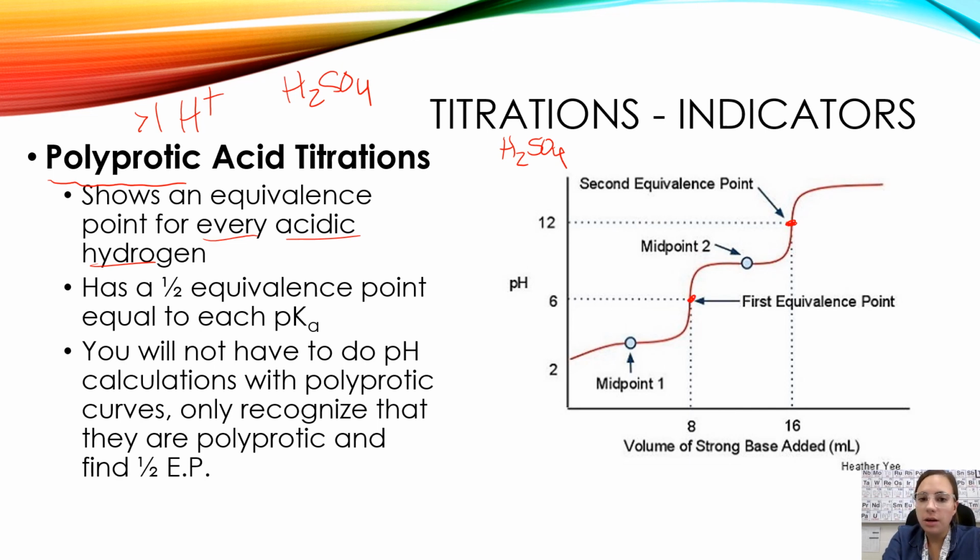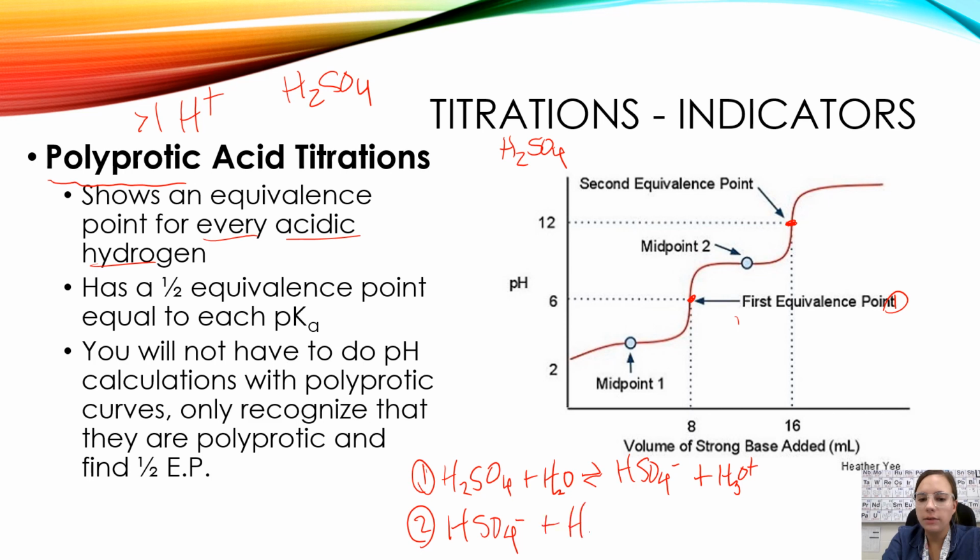That's because, if you remember when we learned about polyprotic acids, they only give off one hydrogen at a time. So this right here is the first equilibrium, and then the second is the HSO4 minus giving up its hydrogen.